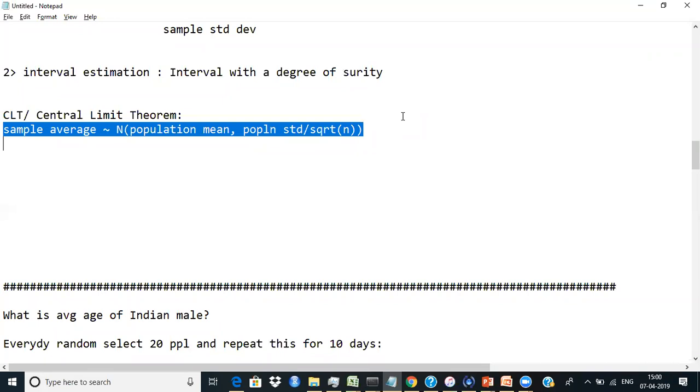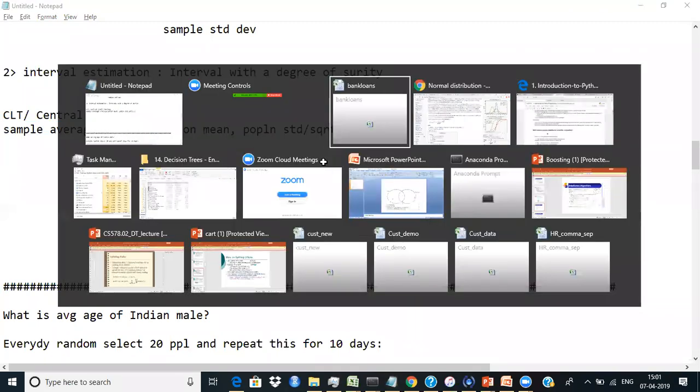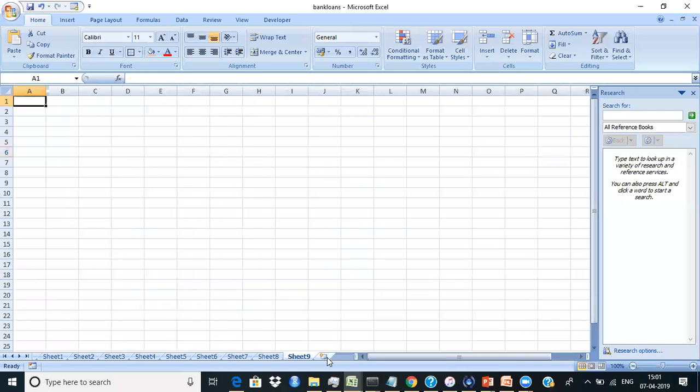If you had multiple hundreds of samples and plotted their distribution, you would get a bell curve. Simple. So for example, I will take simple values so it is easier. Let's say I take 10 samples.